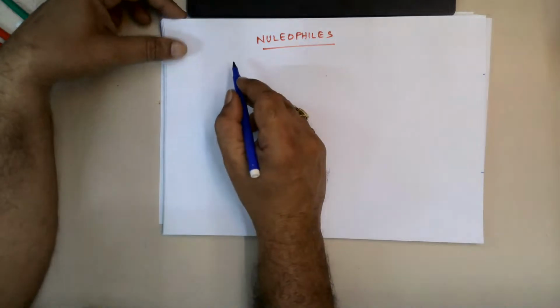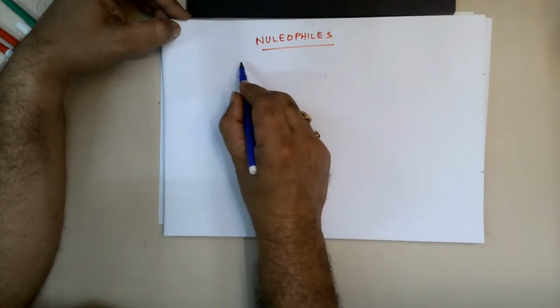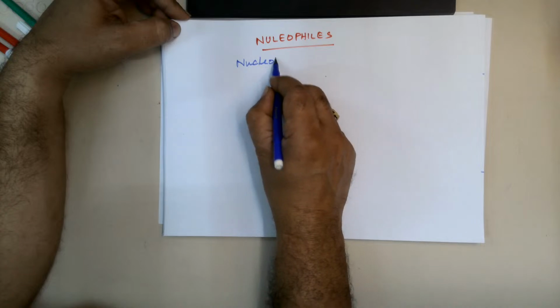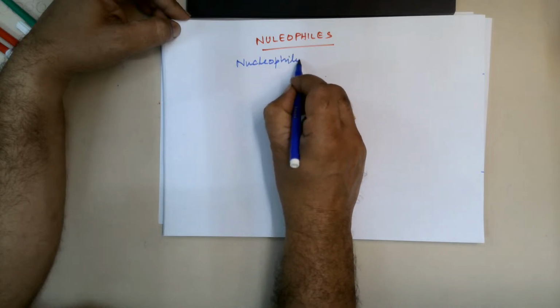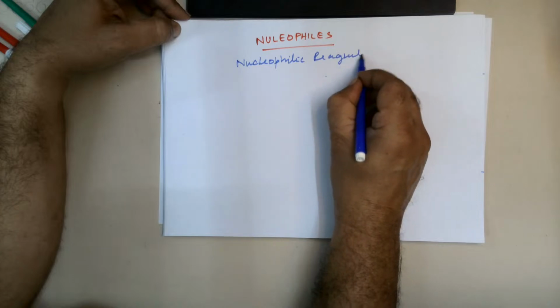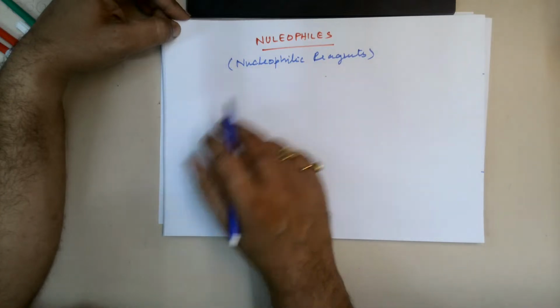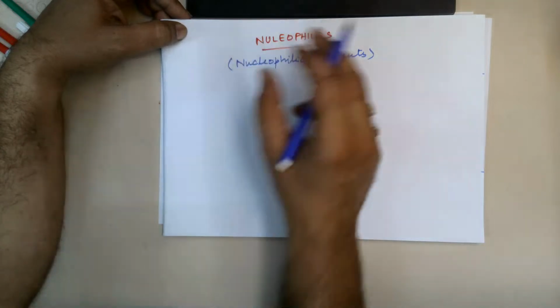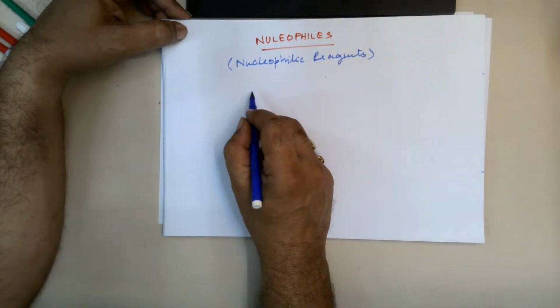So they are called nucleophilic reagents. Reagent means an attacking species. So it goes in search of a positive center.